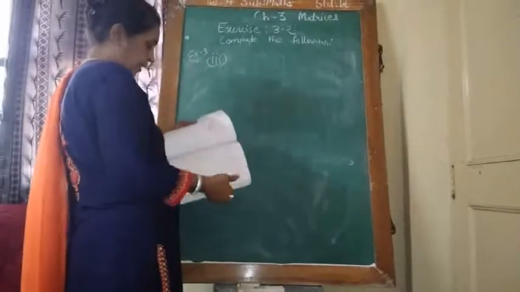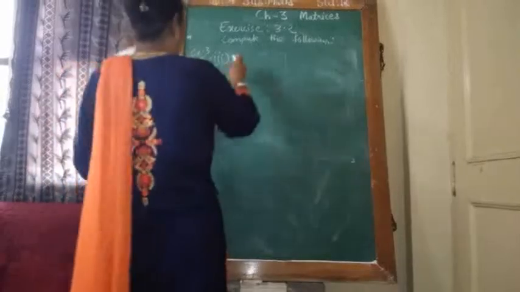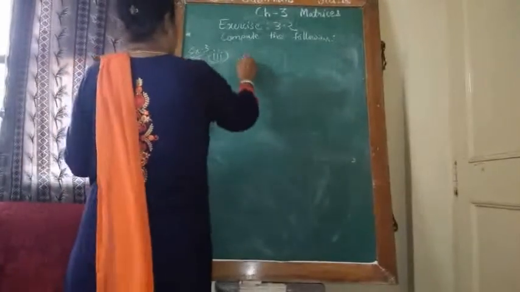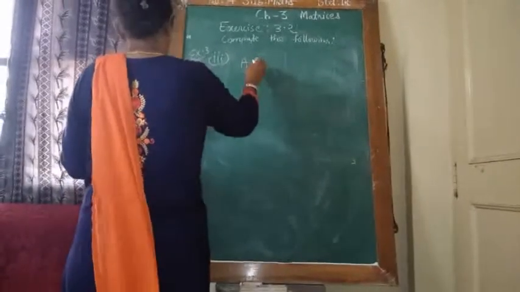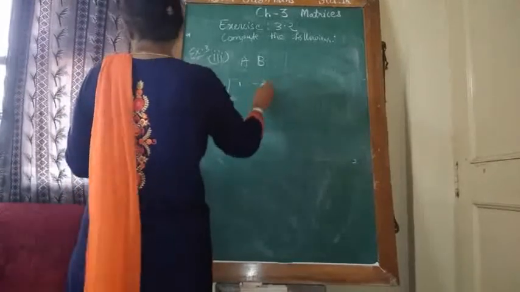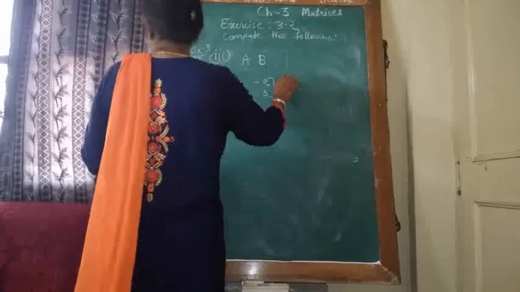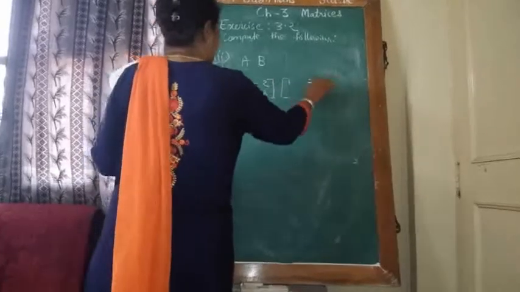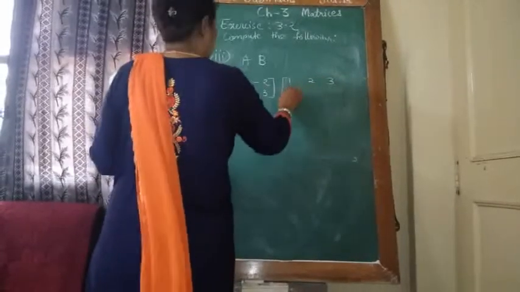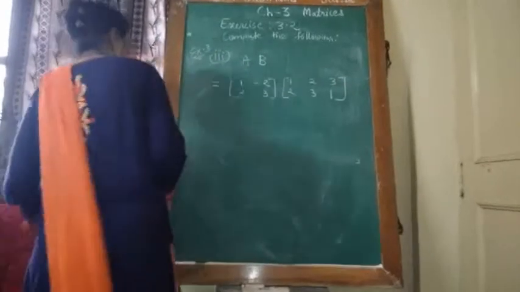Third one, now it is of order 2 cross 2 for matrix A and B. I write directly AB: matrix A is 1, -2, 2, 3, into the second matrix 1, 2, 3, 2, 3, 1. Please check the order.